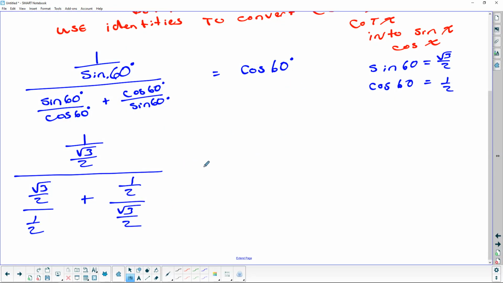And then cosine 60 is just 1/2. So somehow this is going to reduce down to 1/2 if it's true.